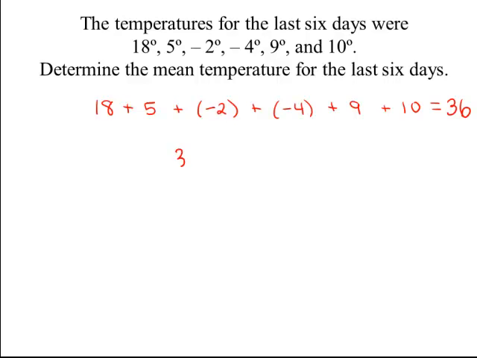Next, we divide 36 by the count. We have 6 numbers in our list for the 6 days. 36 divided by 6 equals 6. So our mean temperature is 6 degrees for the last 6 days.